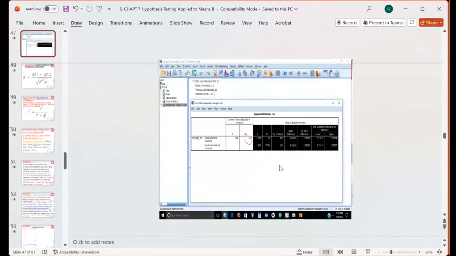Right there where it says significant. That's for the t-test. Make it large.